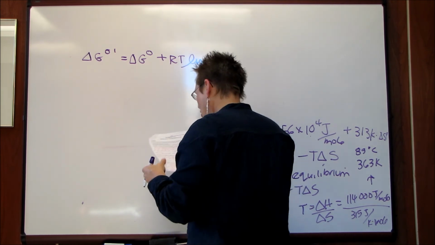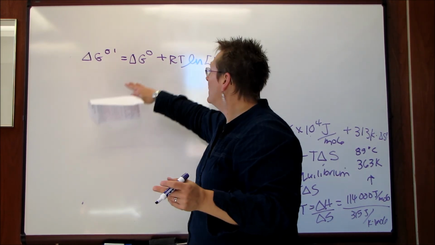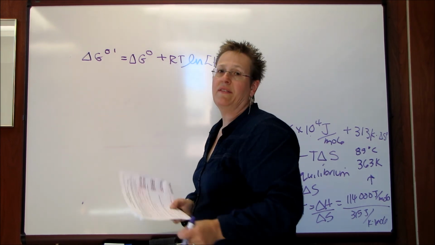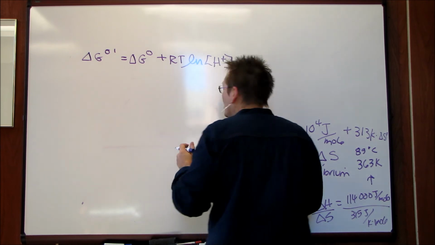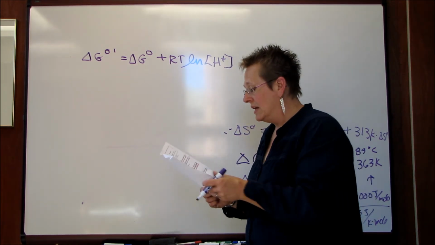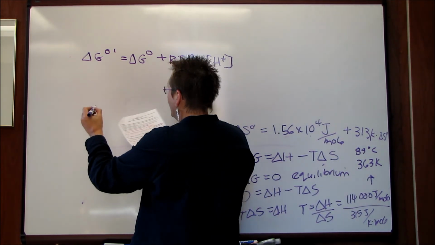Okay? So we do have to figure out what delta G naught is. This question was at 25 degrees. We solved it at 20 and at 40 earlier. But at 25 degrees we're going to have to figure it out.